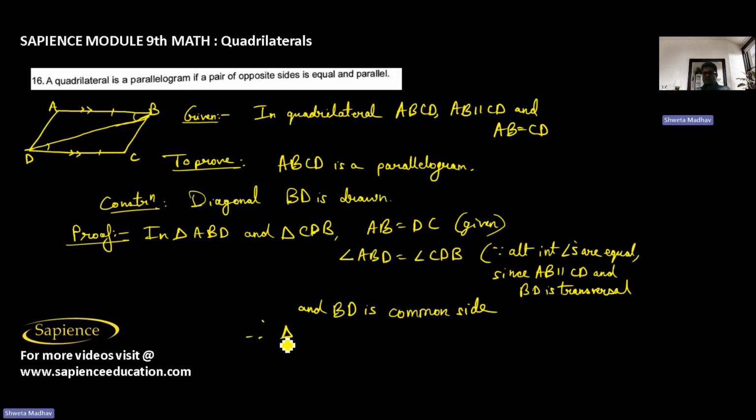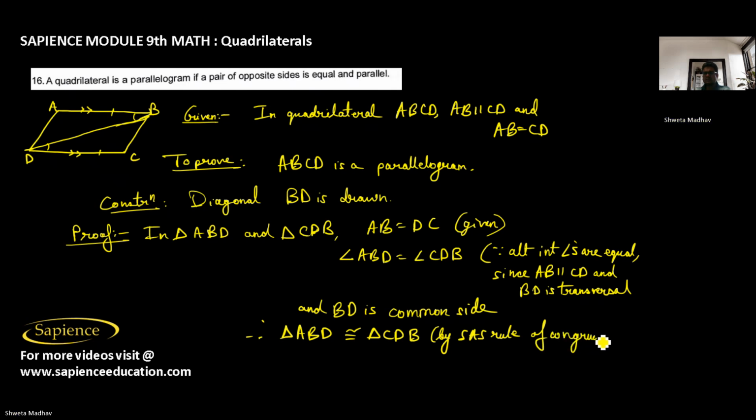So therefore I can say that triangle ABD is congruent to triangle CDB by the SAS rule of congruency. So you can say that angle ADB is equal to angle CBD by CPCT.